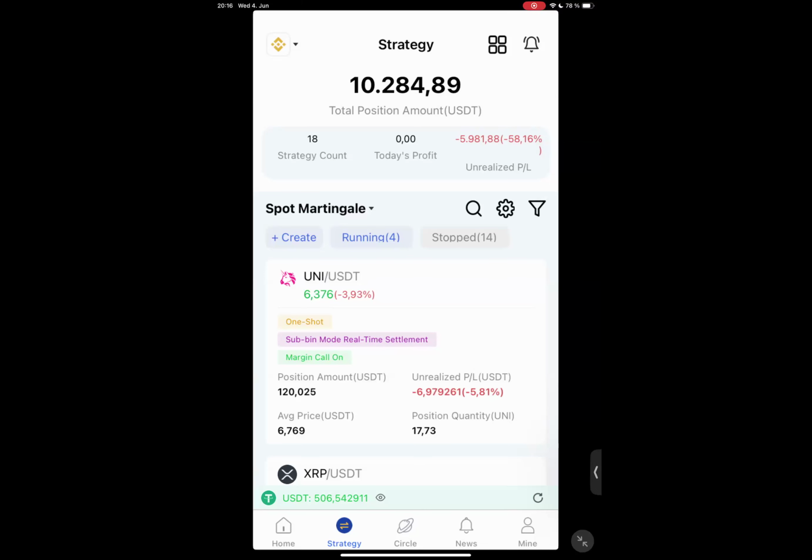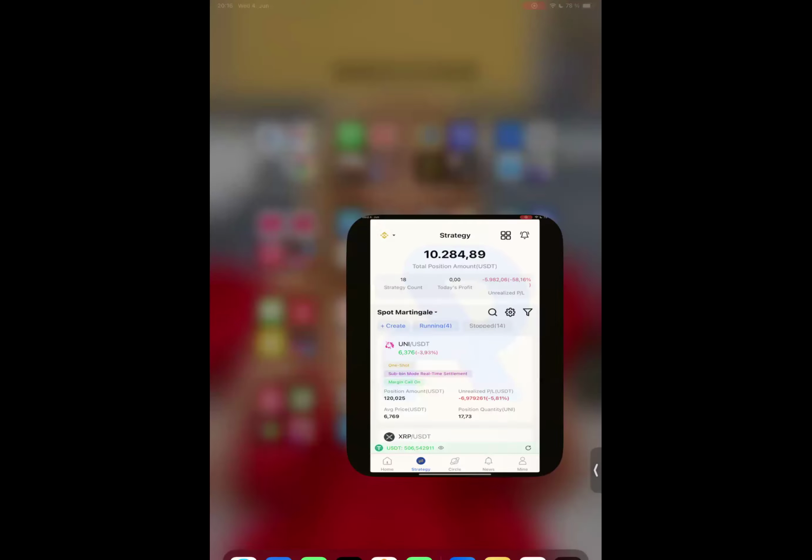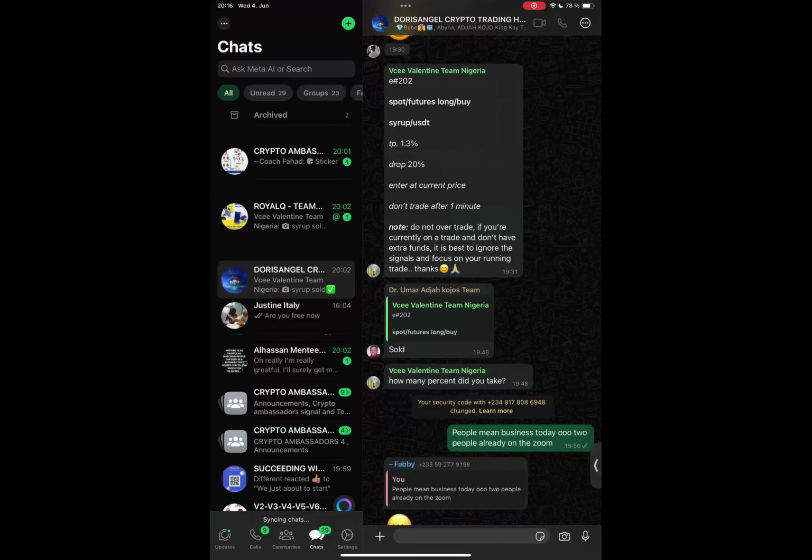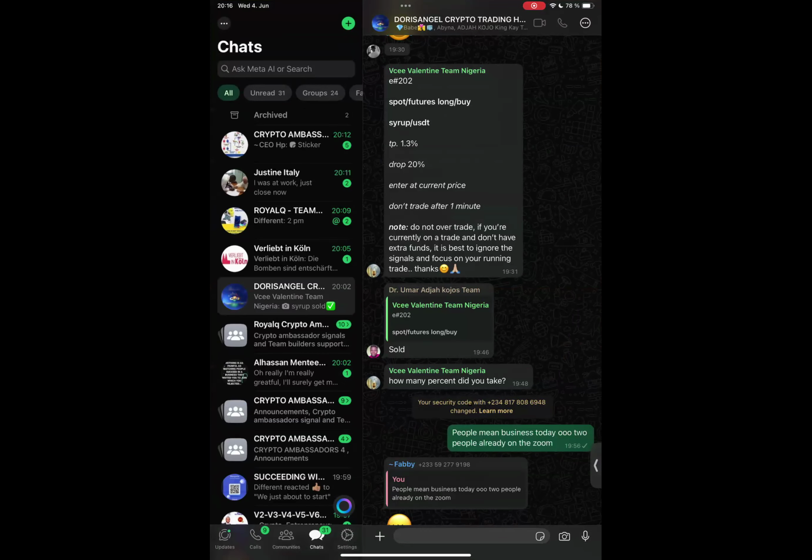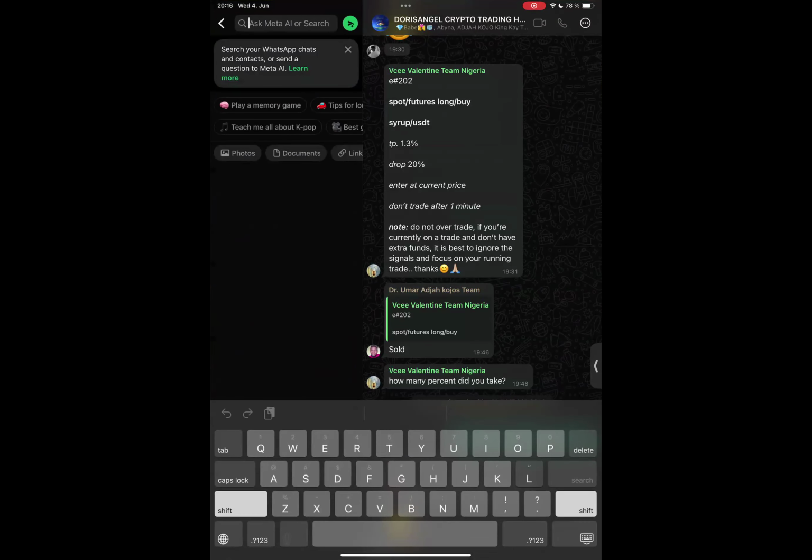Now we have WhatsApp on the iOS, the tabs, the iPads. So now I don't have to stretch my screen. Let's go to WhatsApp. Now I have WhatsApp. Okay, so Lovette.